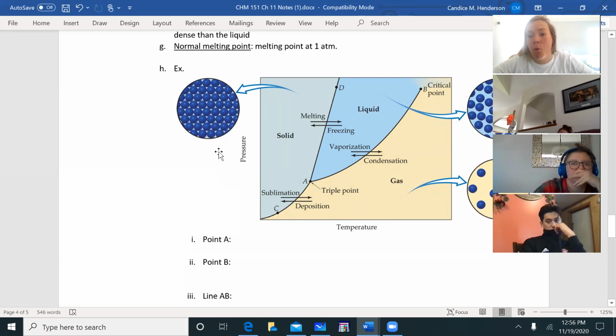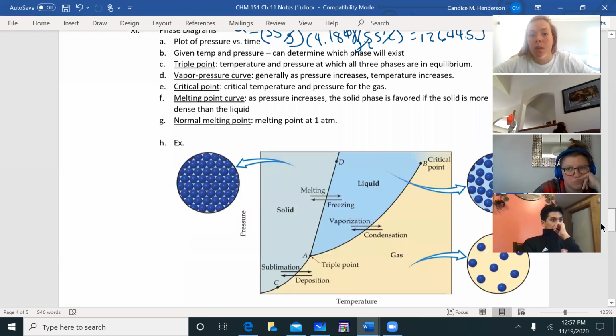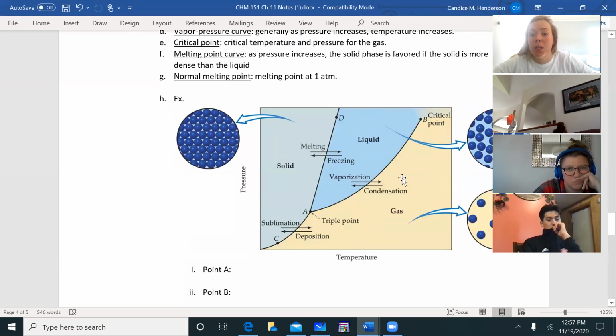So it can actually force a liquid to become a solid or a gas to become a liquid if we have a high enough pressure. Vice versa, if we have a really low pressure environment, like down here somewhere, we can actually have what would normally be a solid. Ooh, we drop that pressure just slightly and it can become a gas.